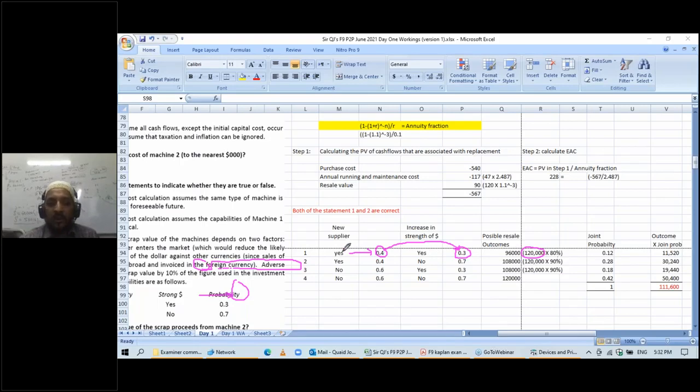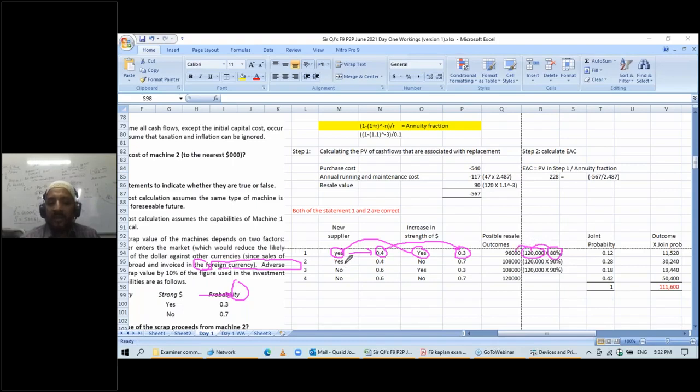And if the dollar strength changes, there is a further 10% decline. So both are present, and the combined effect is 80%. Multiplying this, you get 96,000.